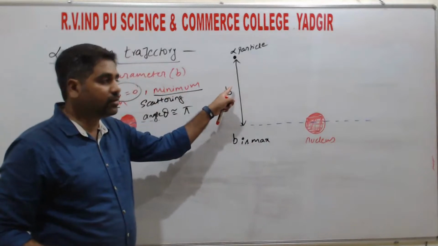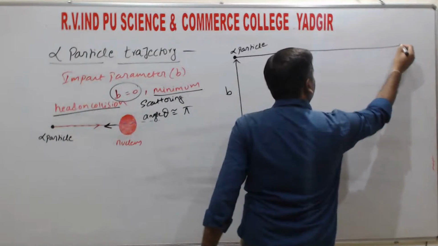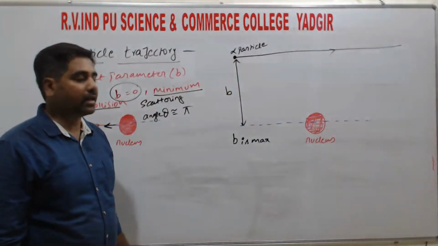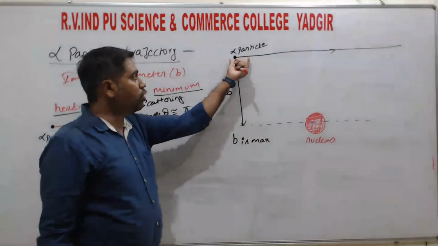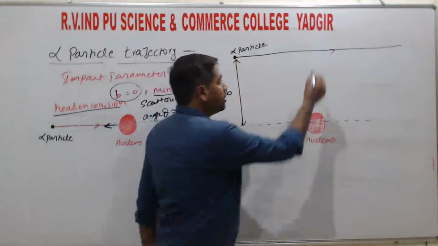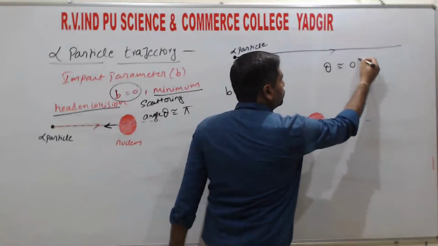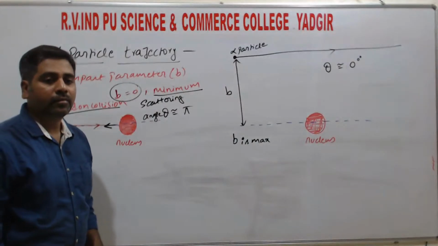When b is maximum, the alpha particle will go straight without any scattering, that is for maximum impact parameter there will be no scattering of the alpha particle. So here the scattering angle theta is almost equal to 0.